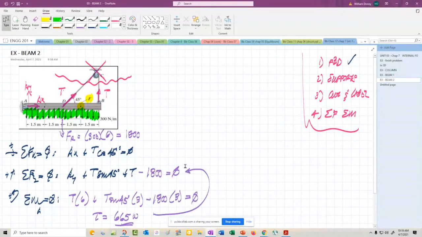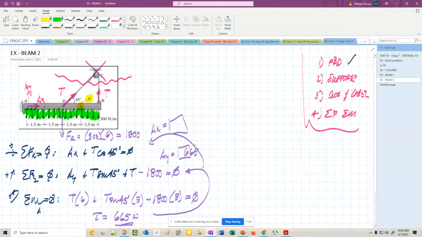And I can put that back in here, and I can find out what AY equals, and I can put that in here and find out what AX equals. That's 665 times 1.707 minus 1,800.